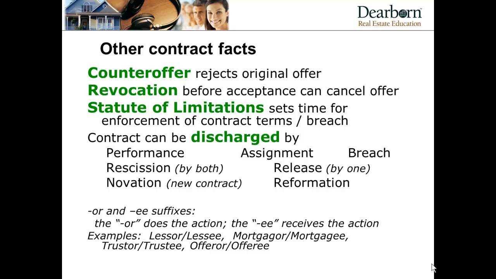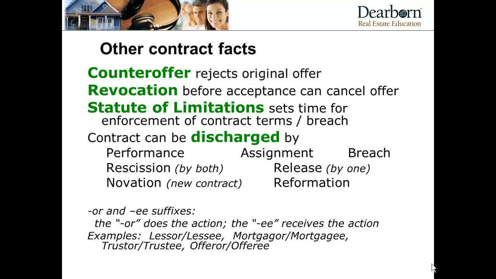The offer can be revoked if it hasn't been accepted yet, and sometimes this will be seen as well in real estate. And so as an appraiser, when you're looking at the contract, when you're doing a purchase appraisal, it's important to make sure that the offerer and the offeree have both signed the contract to establish that it hasn't been revoked.